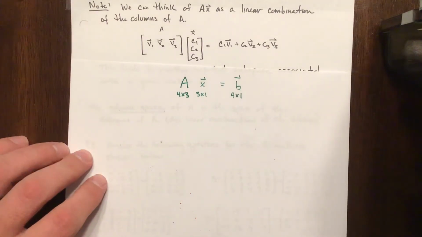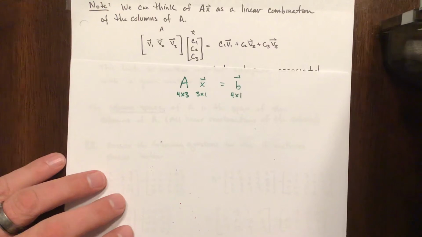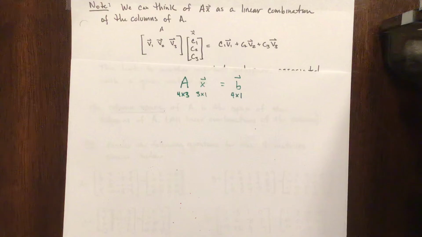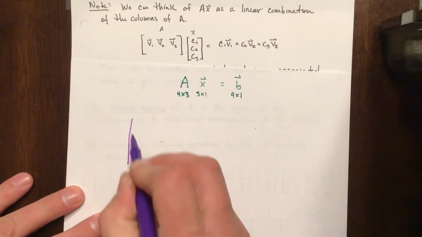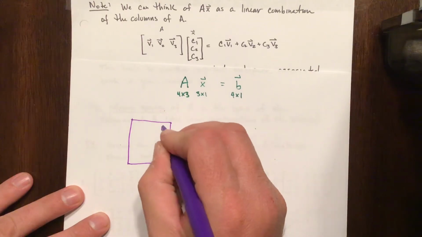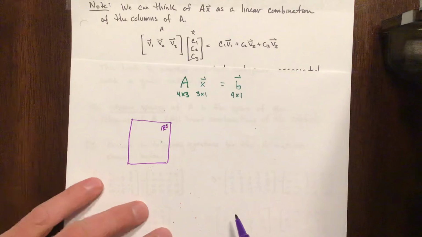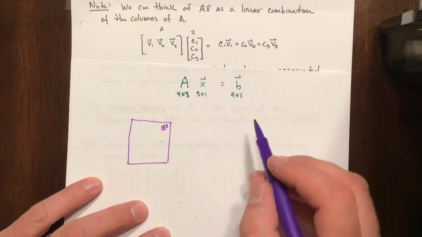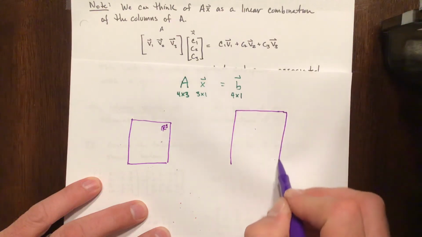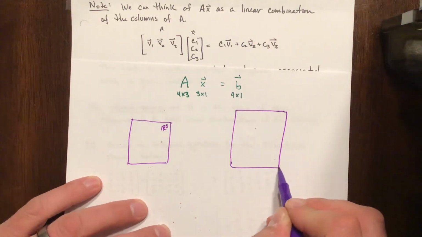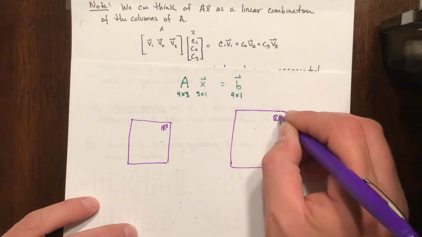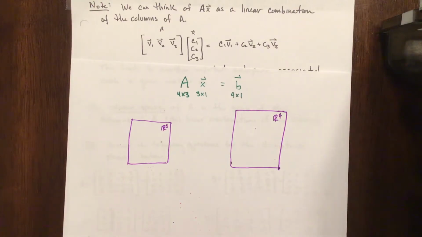So really what I'm doing is taking some vector that's in R3, and under matrix multiplication, I'm multiplying it by some 4 by 3 matrix and outputting some vector that's in R4.